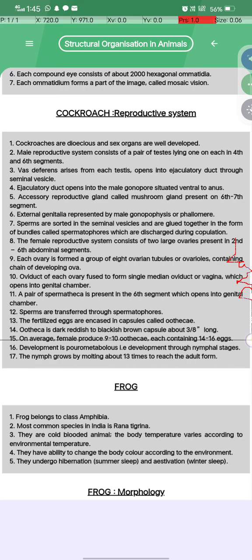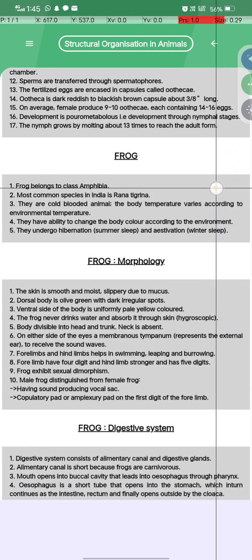On average a female produces 9 to 10 ootheca, each containing 14 to 16 eggs. Development is paurometabolous, that is, through nymphal stages, and the nymph grows by molting about 13 times to reach the adult form.